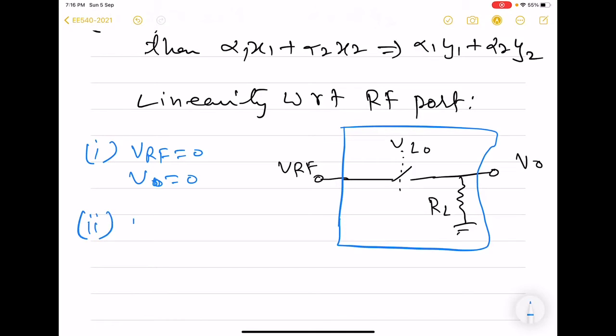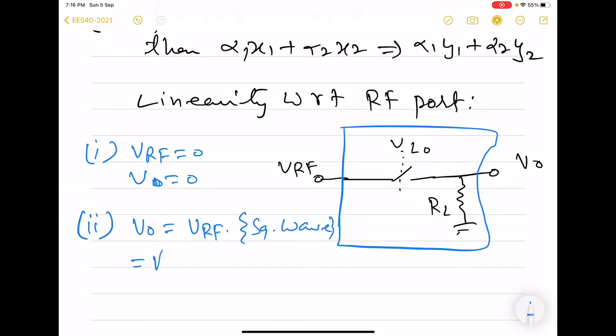Now for the case when we have output equal to VRF into square wave, suppose this is the case. And now what we want to do is scale up the RF.